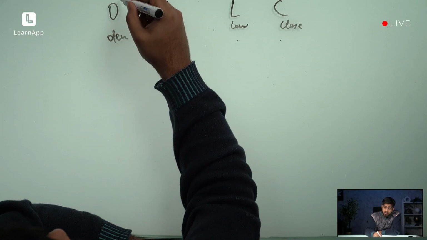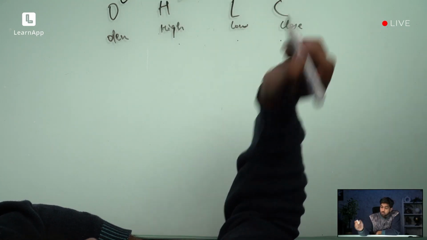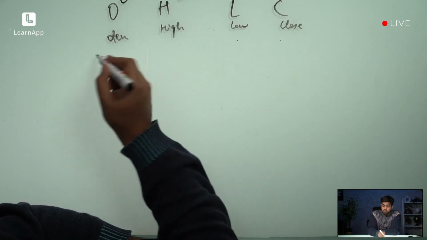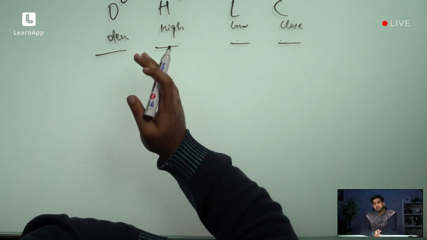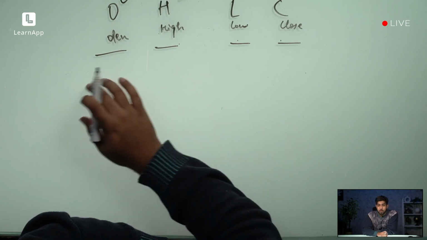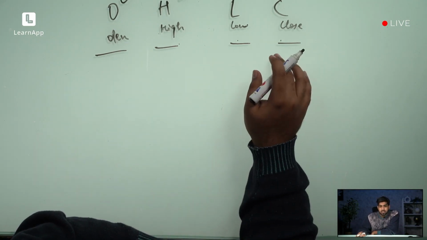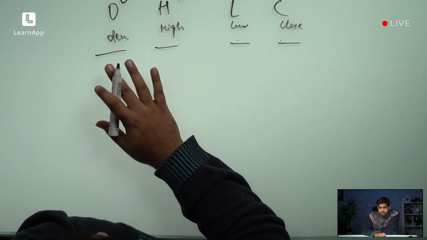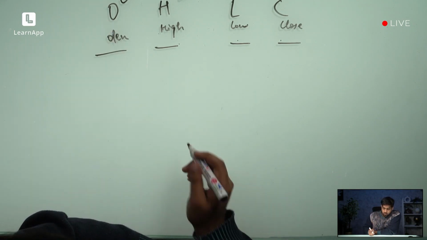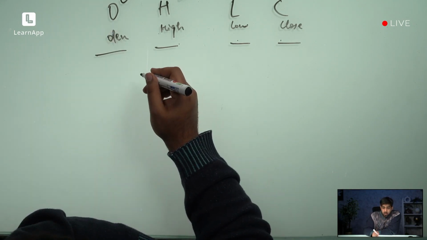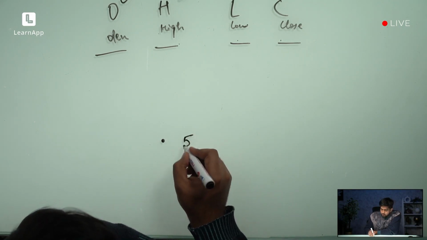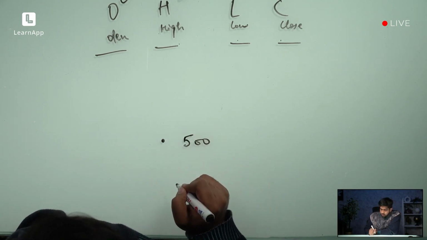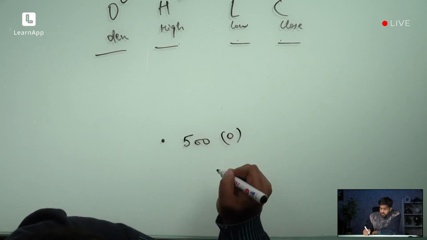Candlesticks have these 4 points: open, high, low, and close. By using these 4 points, we form the candlesticks. Suppose a price opened at rupees 500. This is the opening price.